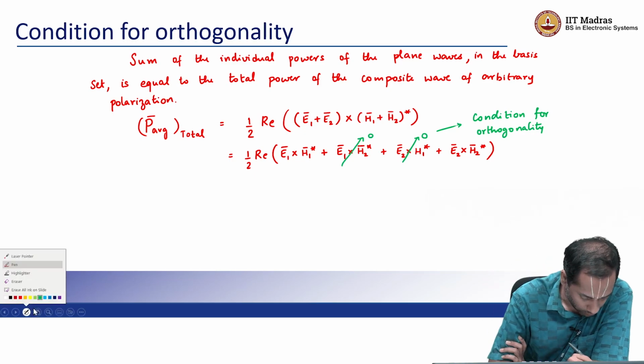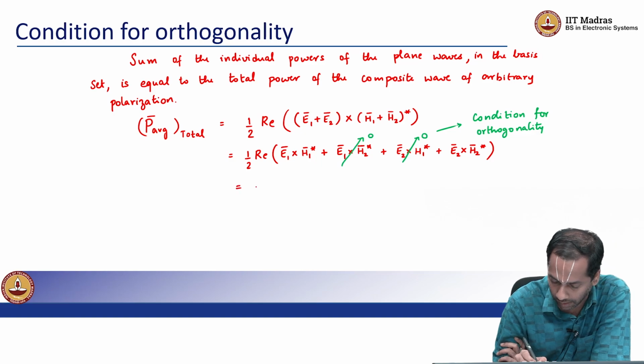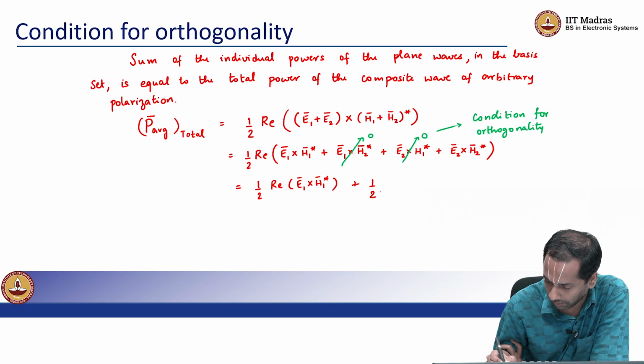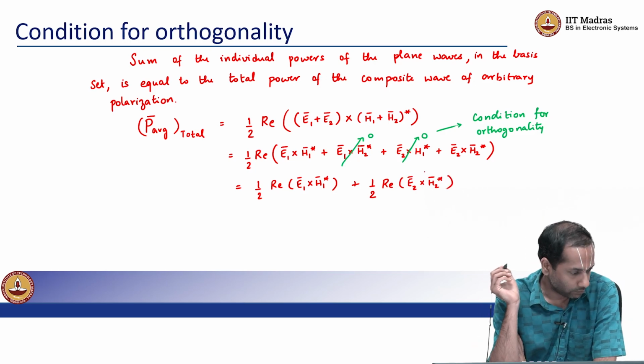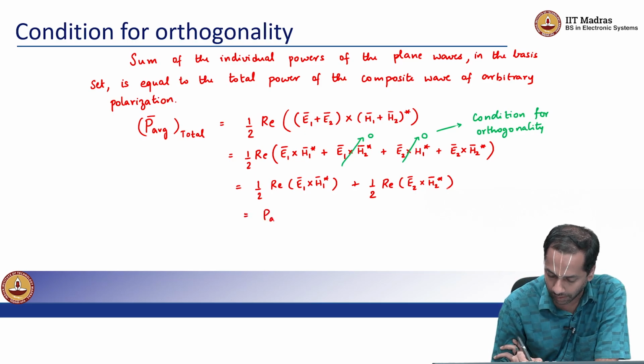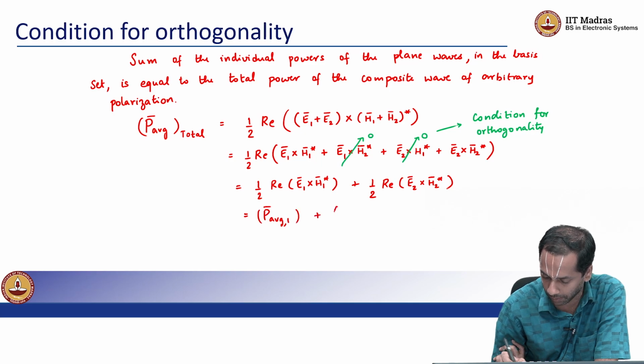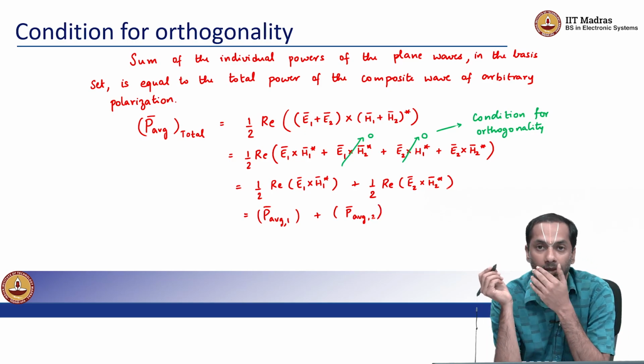Okay, so when this condition is met, I essentially have, right, so I can write this as P average 1 plus P average 2, okay.